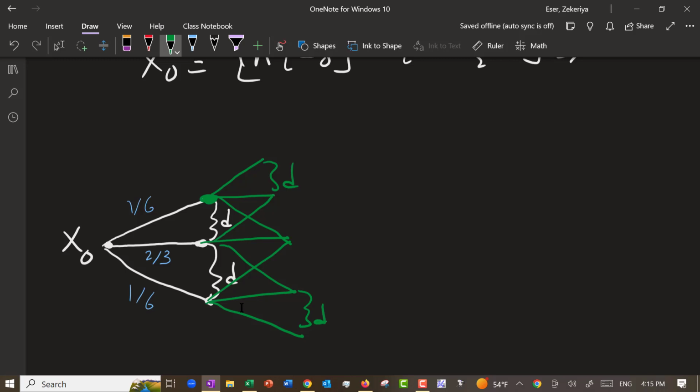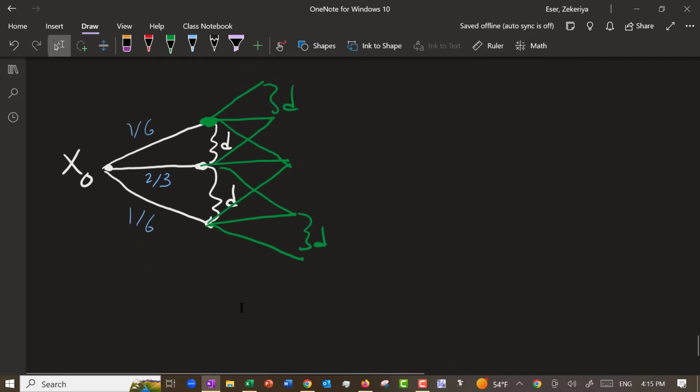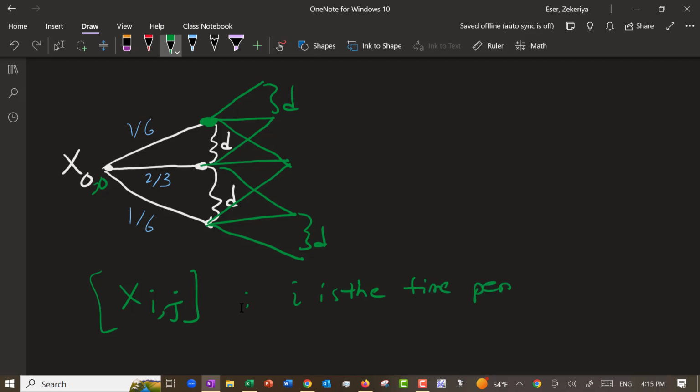In fact, we're going to tag those nodes by integers. So if I say xij, let's call that x00, where i is the time period and j is the branch.